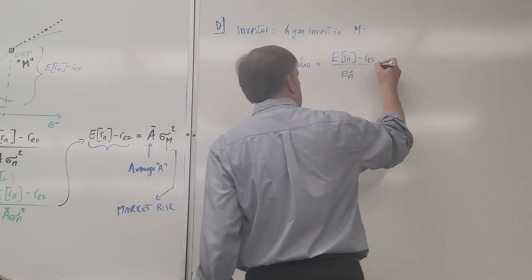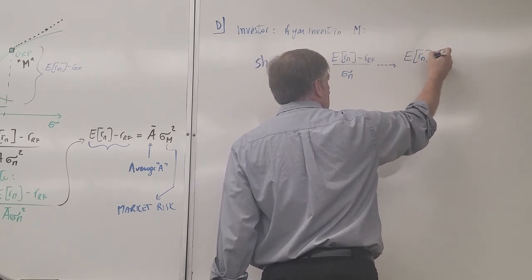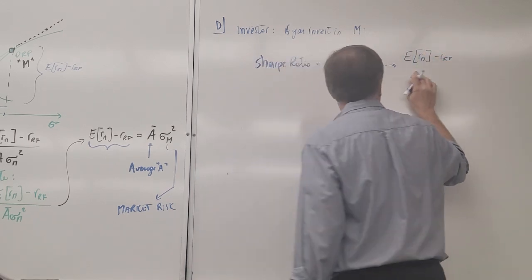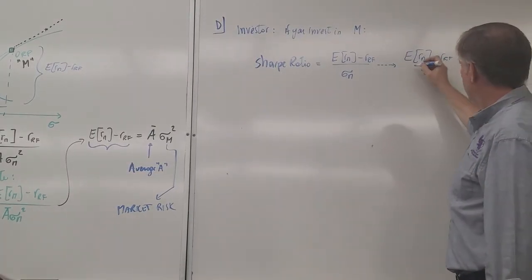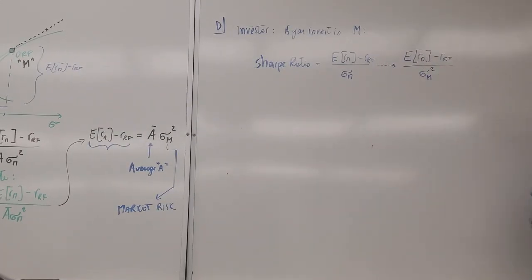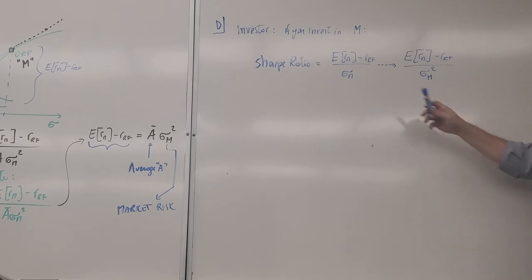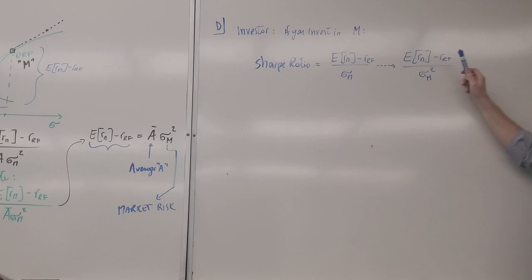You can write this in a slightly different way, where instead of scaling down the market risk premium by 1 unit of standard deviation, you scale it down by 1 unit of variance. So this is the reward per risk, where risk is quantified as standard deviation. This is the reward per risk, where risk is quantified as variance. Okay, so those are two equivalent measures. It's going to make sense in a minute why I'm using this.